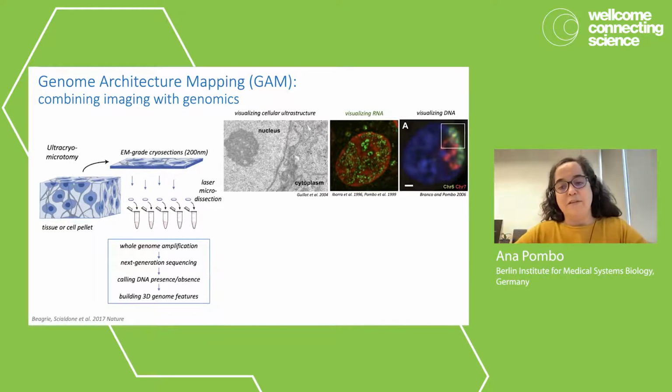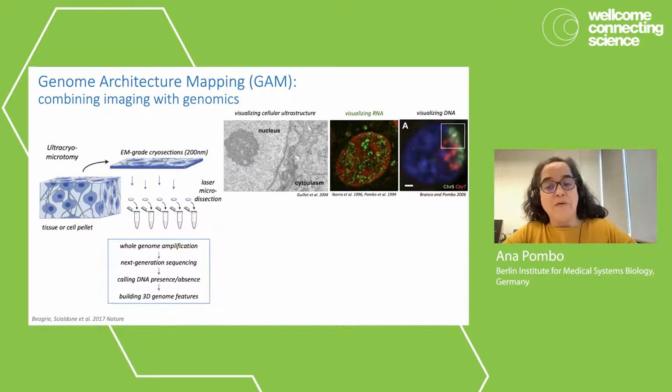And so to avoid having to rely on microscopy or on probing only a few parts of the genome at a time, we developed a technology called genome architecture mapping, which essentially starts with the same exact preparation, but instead of moving these sections to a glass cover slip, for example, for confocal microscopy, we move them to the laser microdissection microscope, where individual nuclear slices or cell slices are laser microdissected into individual tubes.